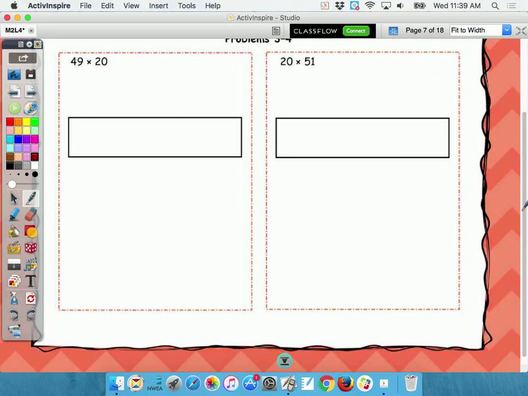Okay, so let's go back to where we were. Now, if I were going to solve this using the standard algorithm, it wouldn't really make me very happy. I could do it, but it wouldn't really make me very happy. So don't do it, okay? Let's use our mental math strategy. And for today, there's a couple reasons why you have to write out the steps.